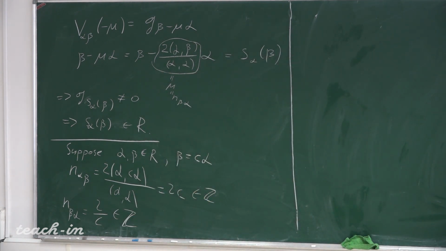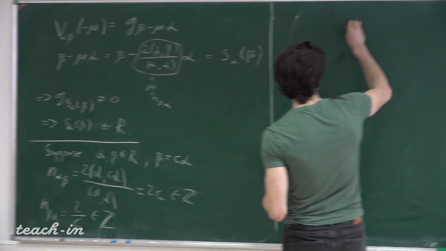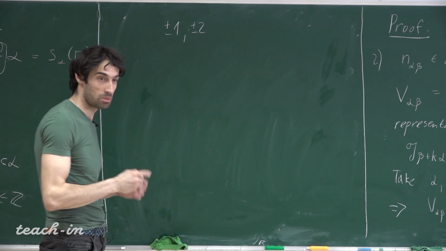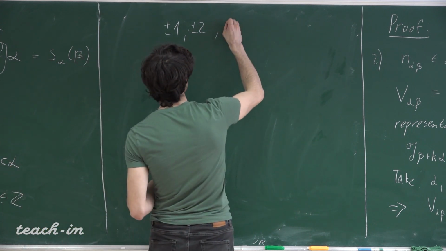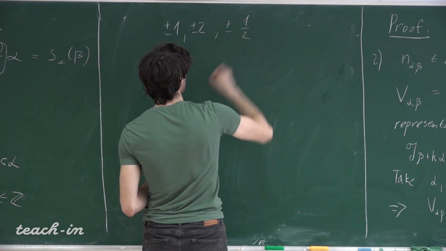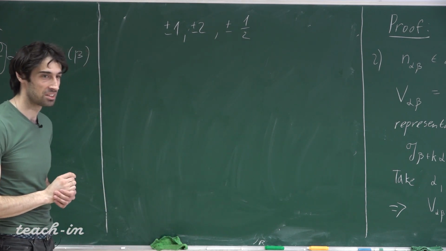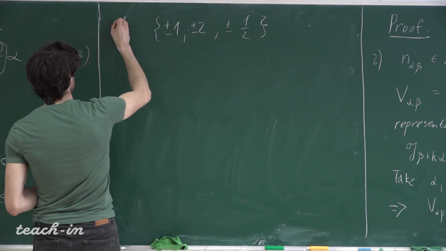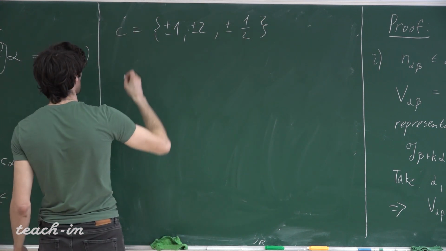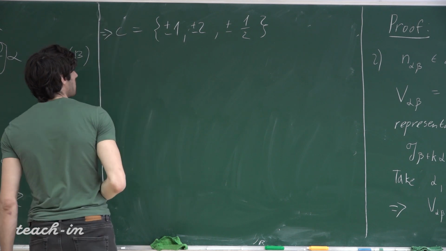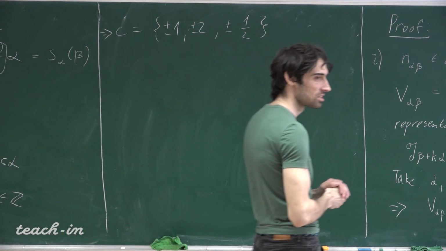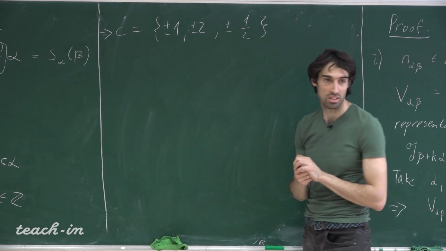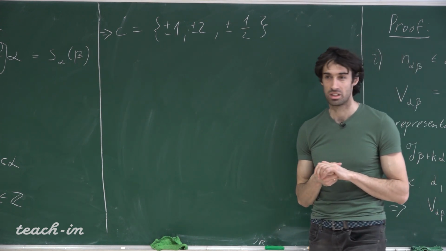So 1, 2, plus minus 1/2, and this is it. So from these two conditions, C can be only this. Now we would like to rule out this 2, this 4, right?